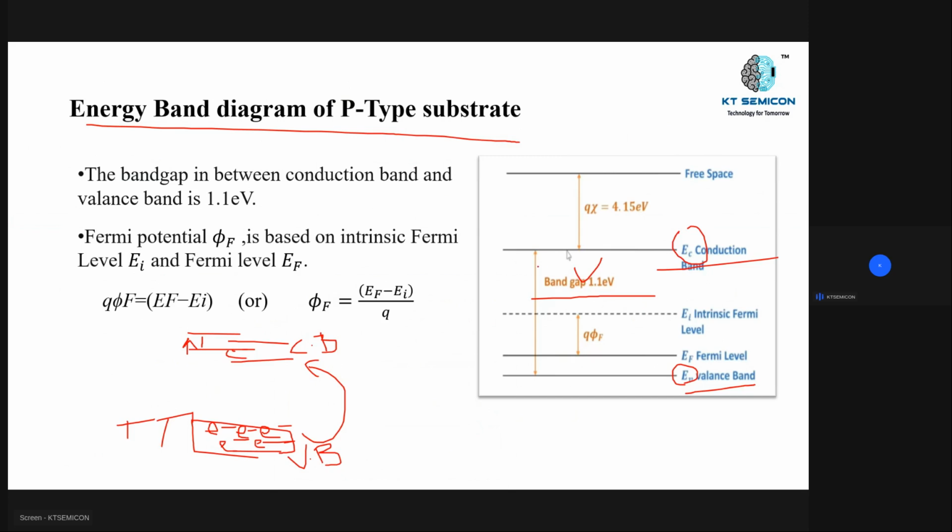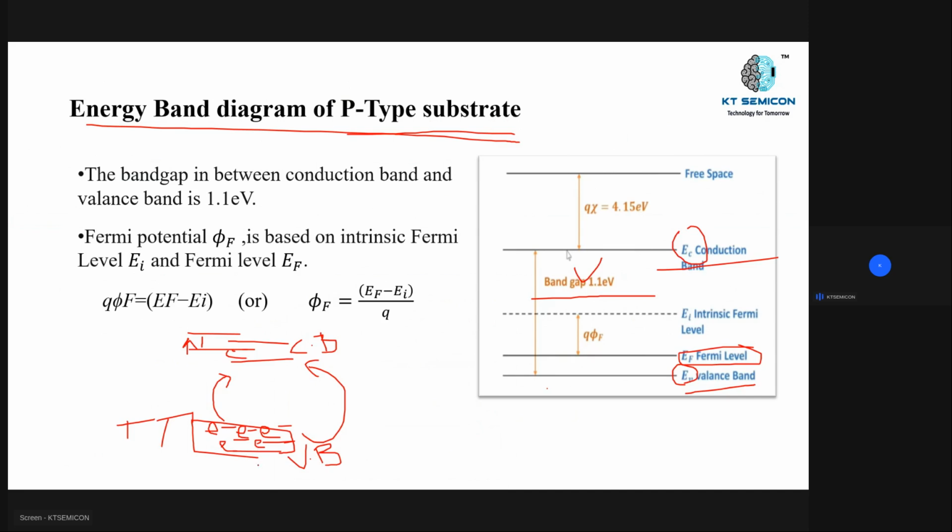This is the p type substrate. In a p type substrate, the majority carriers are holes. The Fermi level is the 50% probability level of either holes or electrons. After electrons move from the valency band to the conduction band, they leave holes in the valency band.